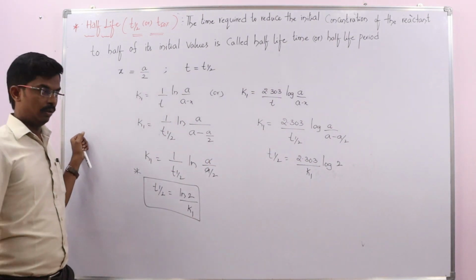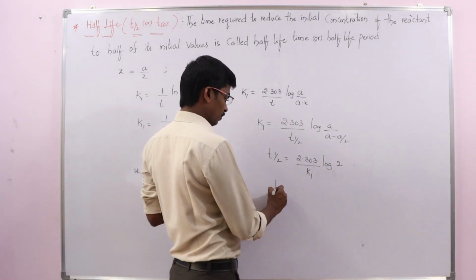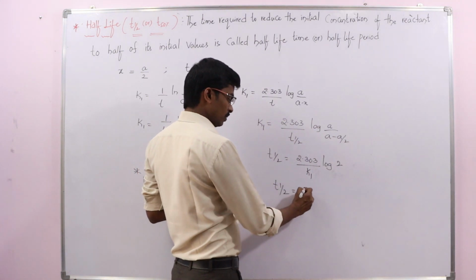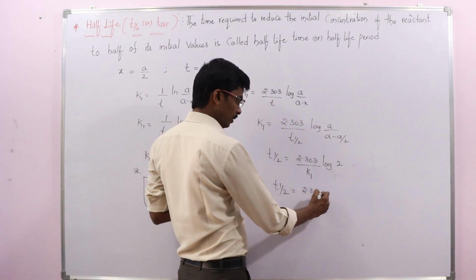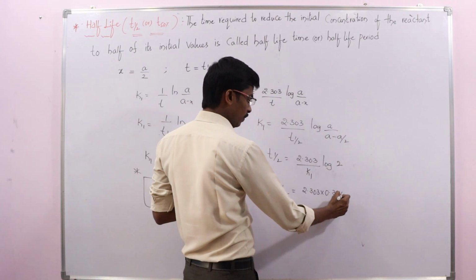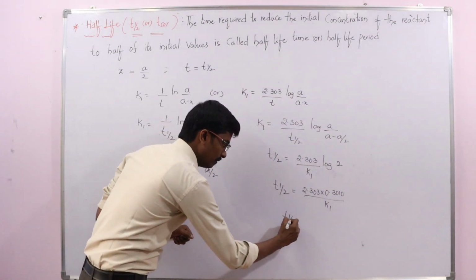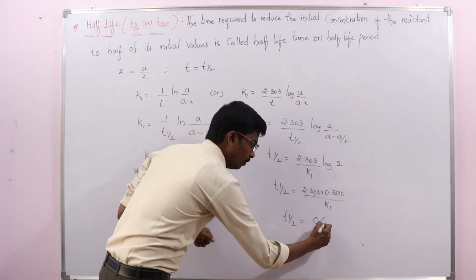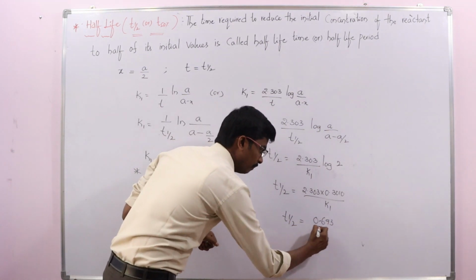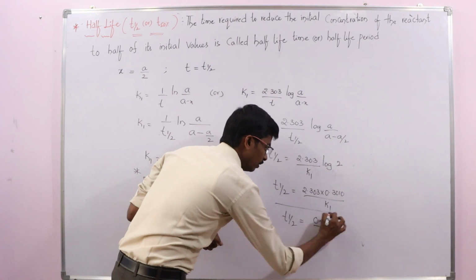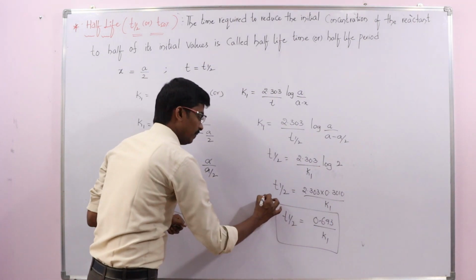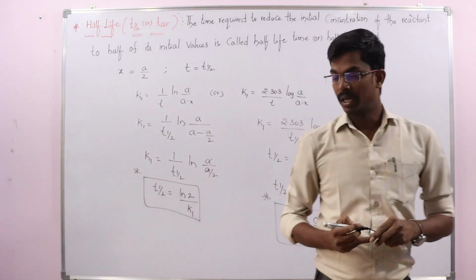What is the value of log 2? Log 2 is usually 0.3010. So 2.303 into 0.3010 by K1. So what do you expect? T of 50% is equal to 0.693 by K1. This is the half-life of a first order reaction.